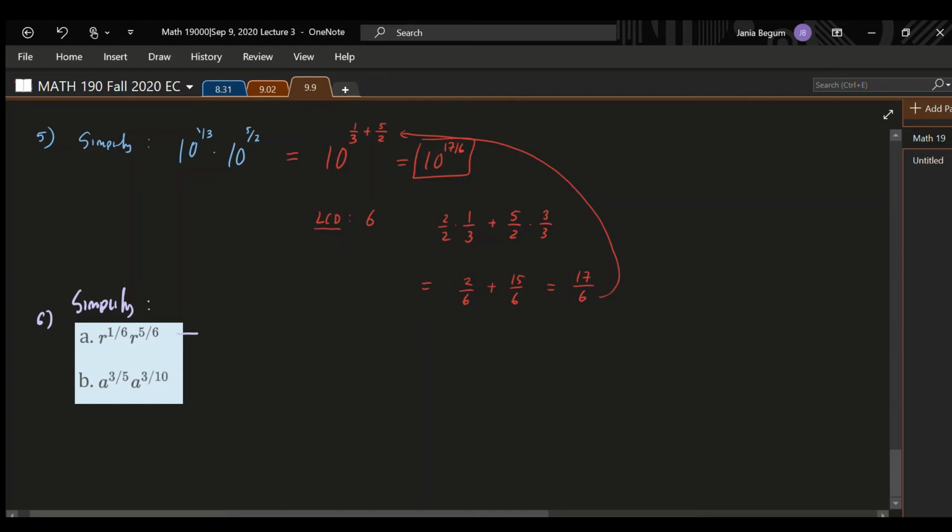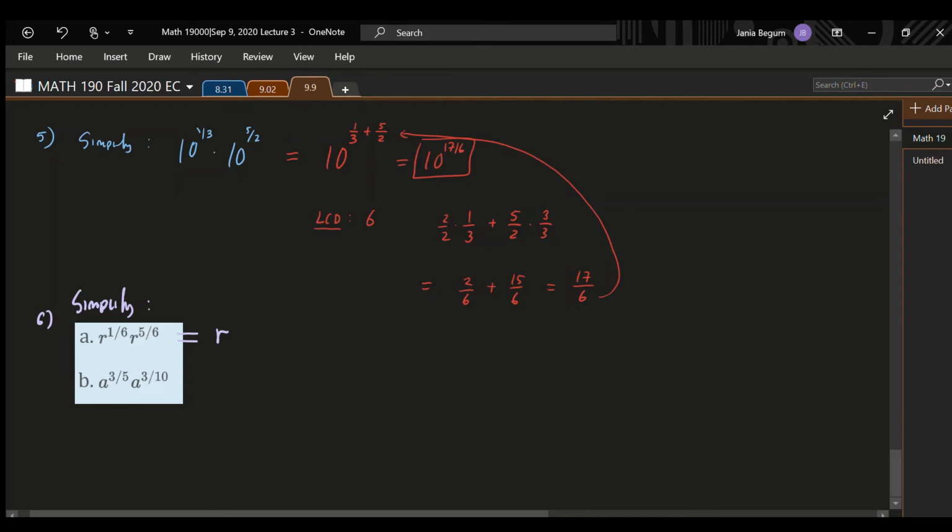What do you guys have for 6a? R, right? There you go. So if you add the powers, you get 6 over 6, and we know 6 over 6 is 1. So it's r to the 1, and we often don't write the power 1, it's understood.